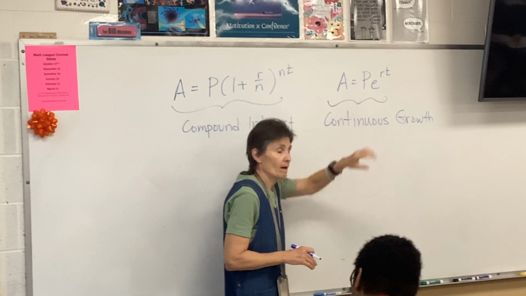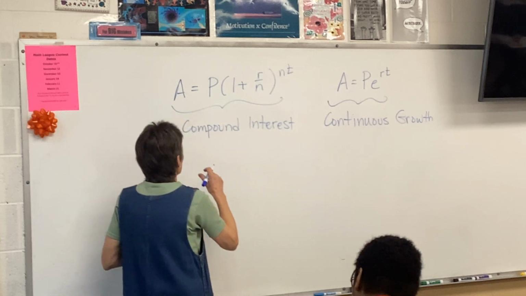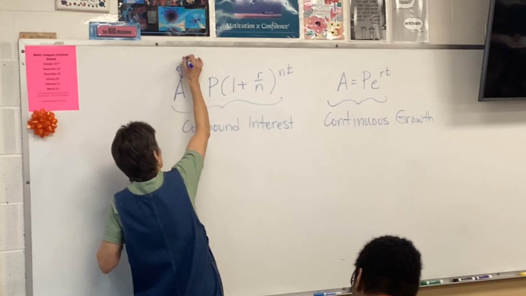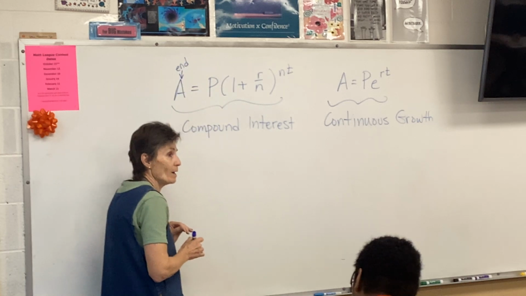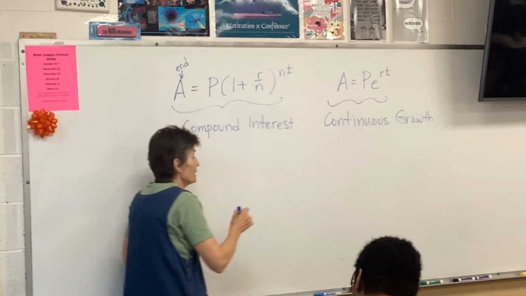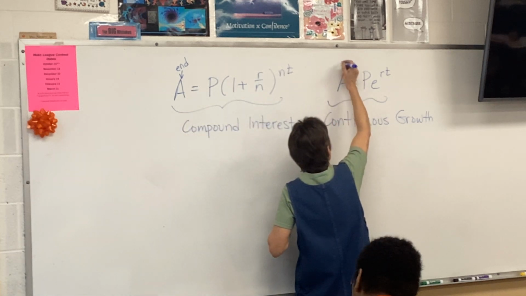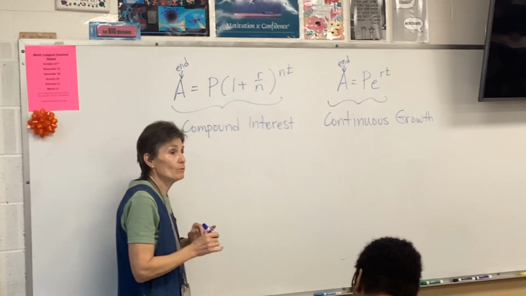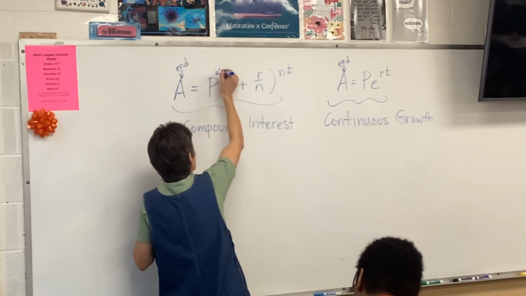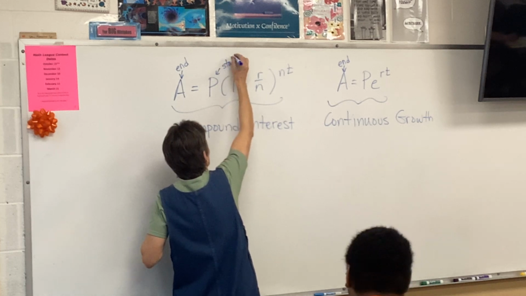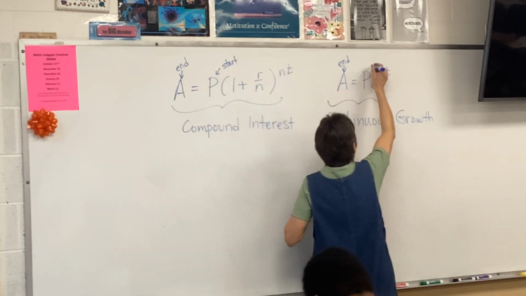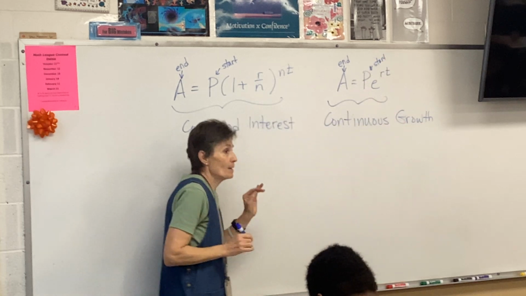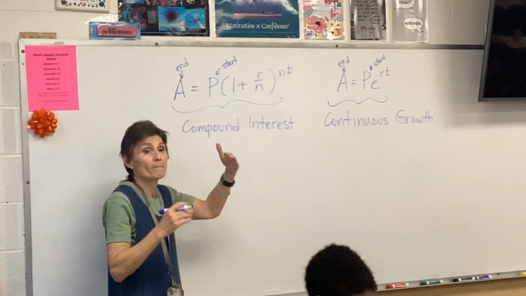Okay? All right, let's talk about what all these things mean. In both formulas, A is the ending amount, what you end up with. In both formulas, P is the start amount. The P actually stands for principal.